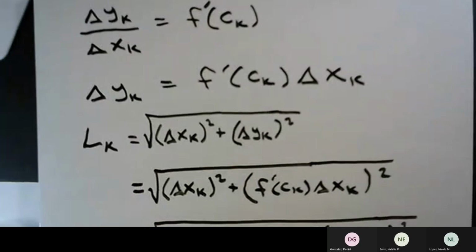So this is what we're going to use to find the length of a curve between A and B. And sometimes you might see it written like this. You'll sometimes see it in that form. So questions about that?